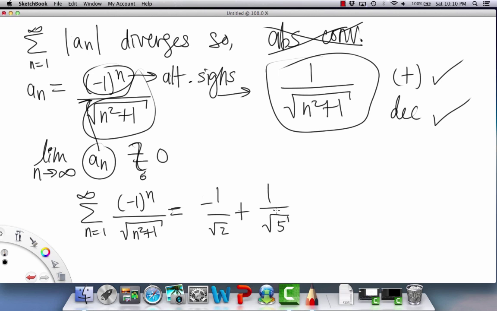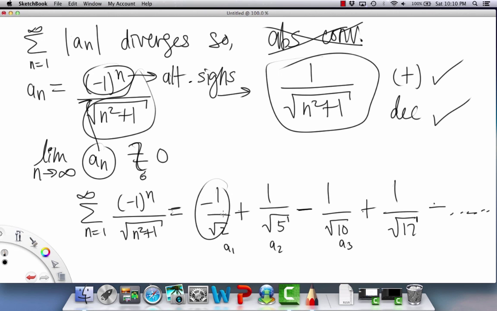This is a1, that's a2, minus, and then a3 is going to be 1 over 10, plus, this is a3, and then I'll stop here. But then it just keeps going on and on and on, right? You could do however many terms. But the limit of this, as you might or might not notice, but you can see that each term in magnitude is decreasing. Magnitude means disregarding the signs, and the alternating part helps it converge to 0. So I'll write our conclusion on the next slide.